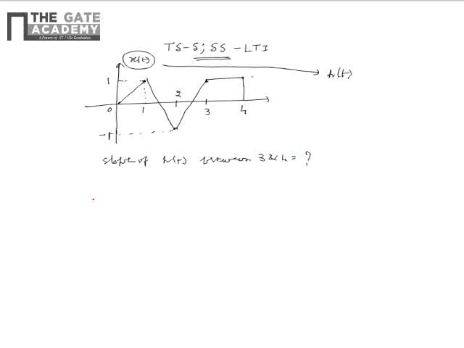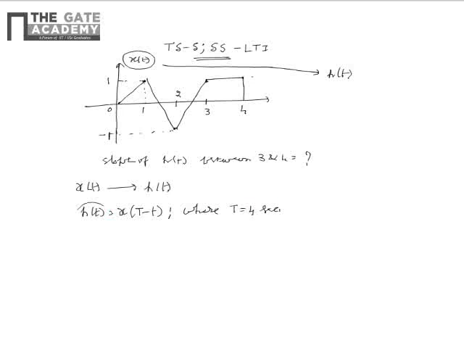So from the given data we see that the input x of t is fed to a filter which has the matched impulse response as h of t. As the response is matched, we can say that h of t can be expressed as x of capital T minus t, where capital T is equal to 4 seconds.